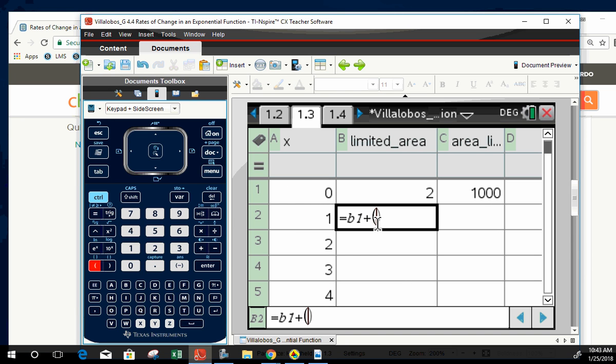The rate was 0.2, or 20%, divided by this limit, which is C1, and times the previous, times the difference of the previous and the limit, which is C1.